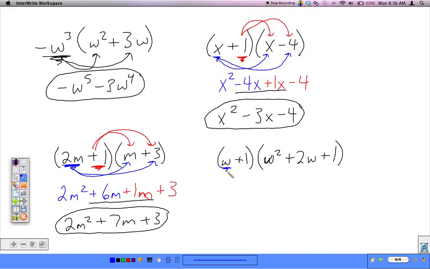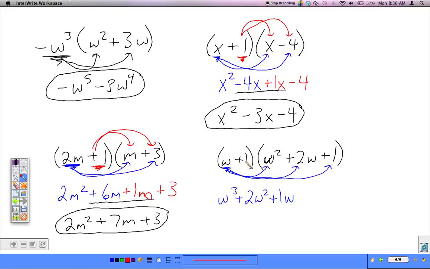It's still the same process, but we have to multiply with all the terms in the second. So w times w squared, that makes w cubed. w times 2w will make 2w squared. w times 1 is just 1w.